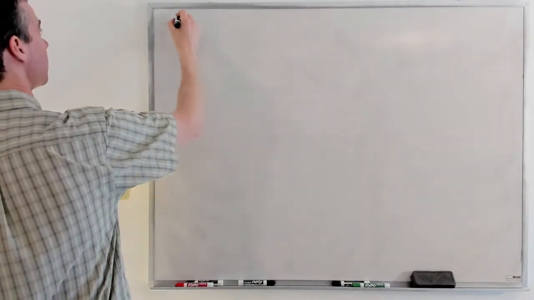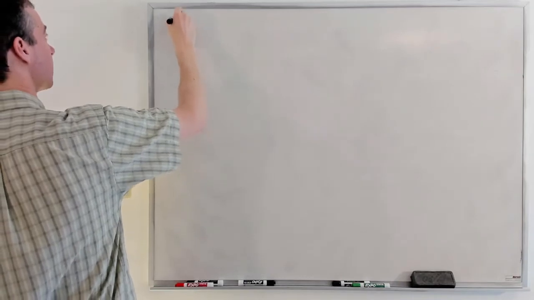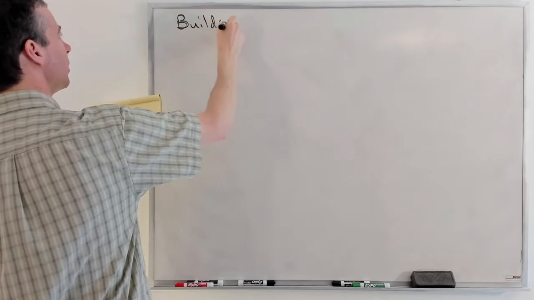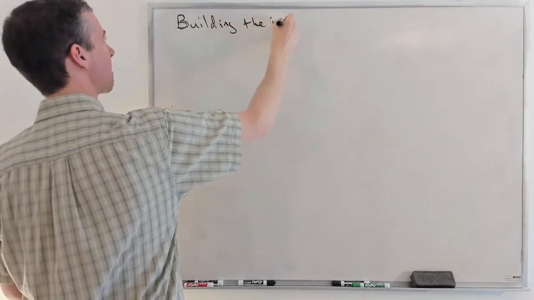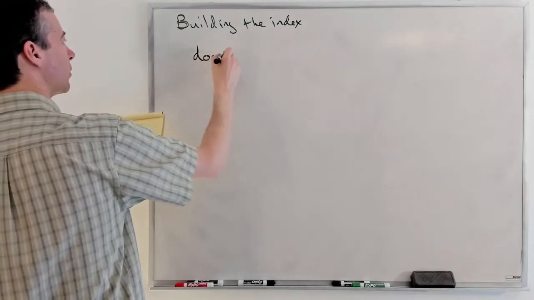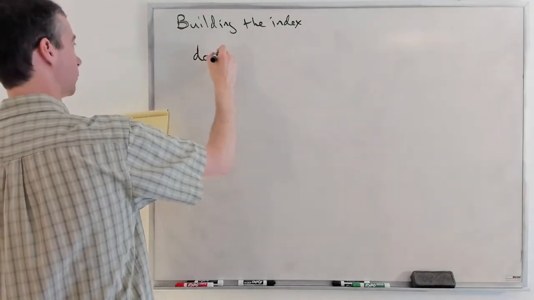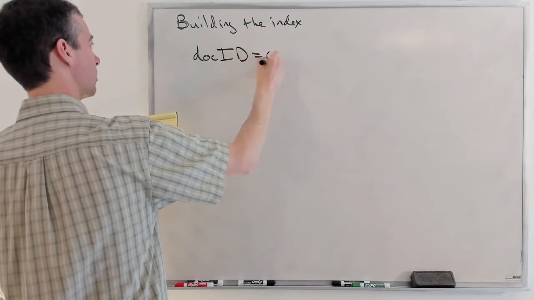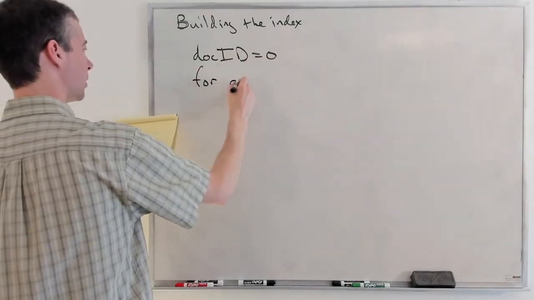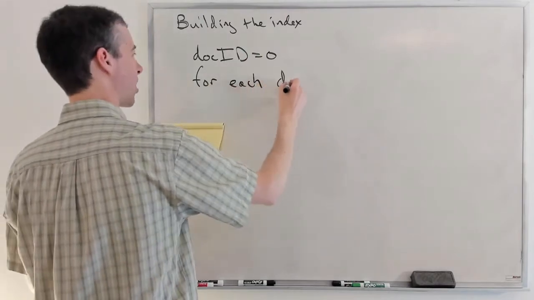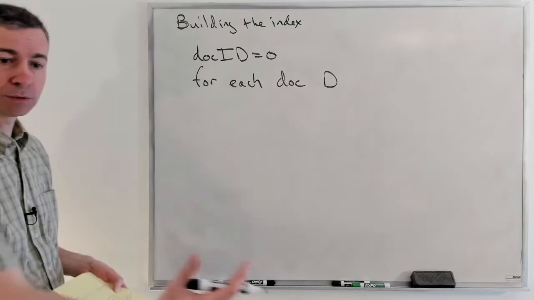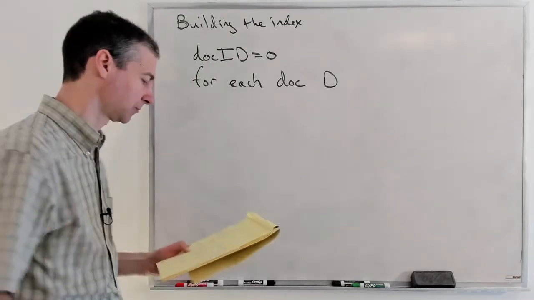All right. So the overall flow here, you could say this is our main method for building the index. We're going to start with some doc ID set to 0, and we're going to go through our collection for each doc D. So again, this is us reading through that file.